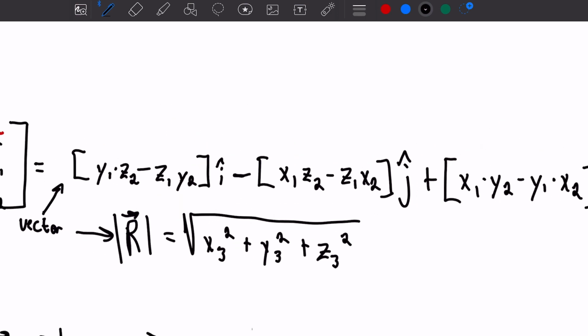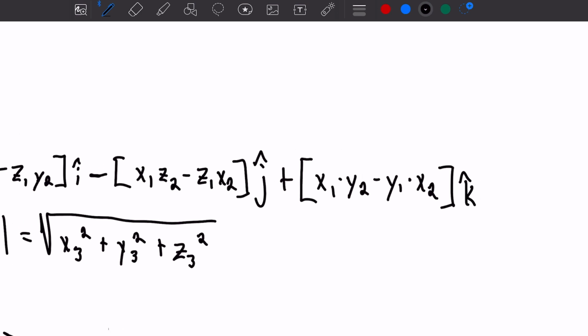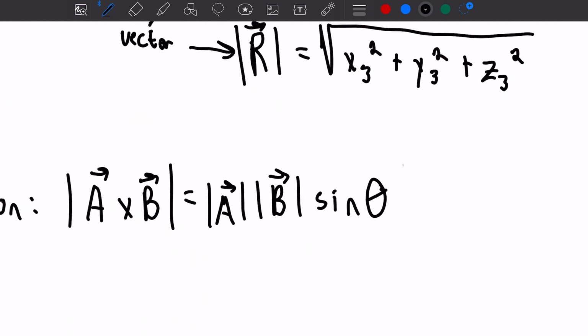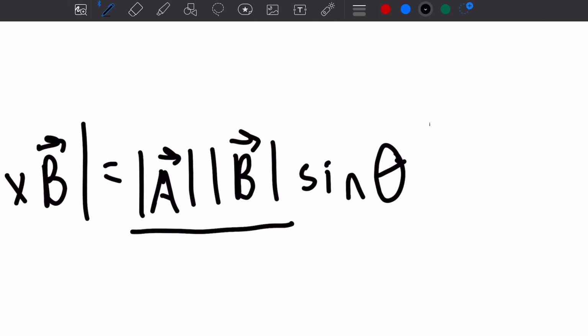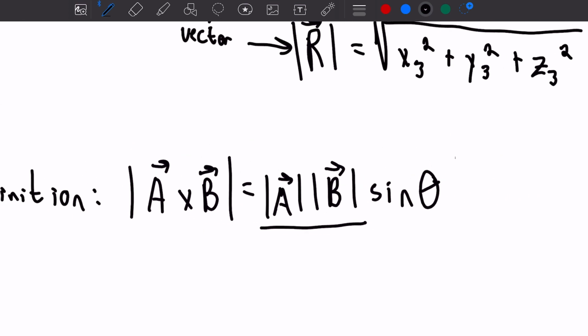And then again, just act like this x3 is this whole i component, this y3 is this j component, and this z3 is this k component. And then you can also set that equal to this, and then divide by the two magnitudes again and solve for the arcsine of that to get the theta value.